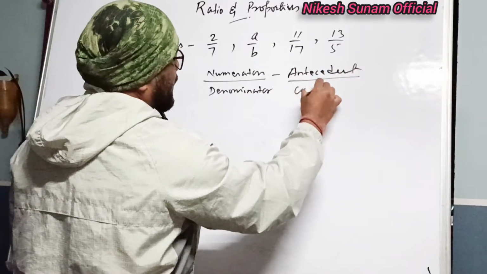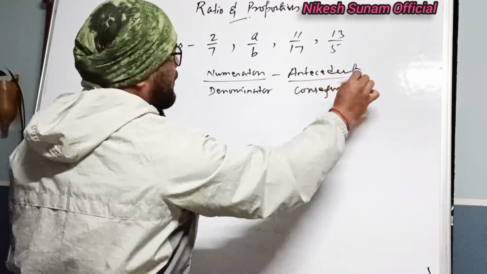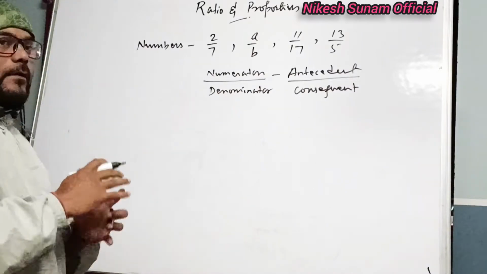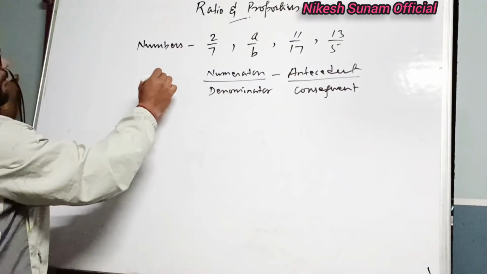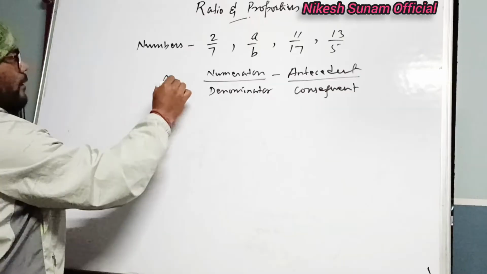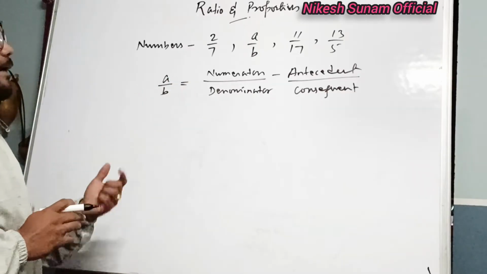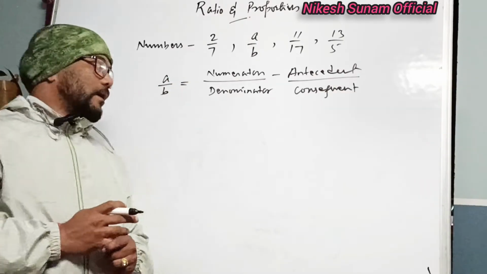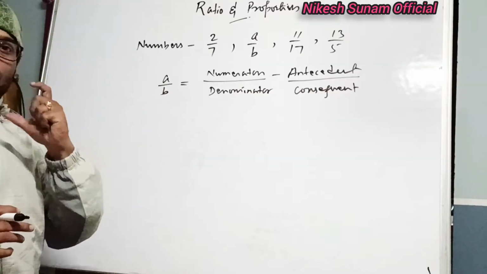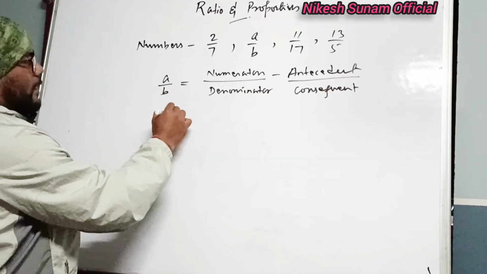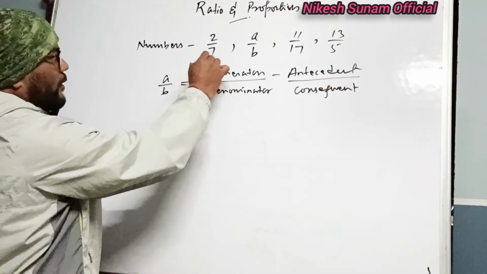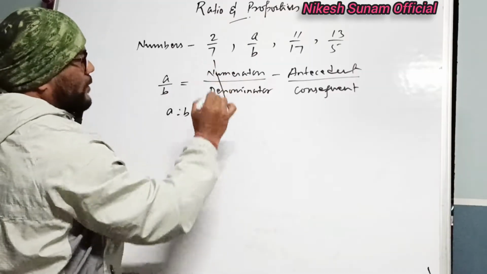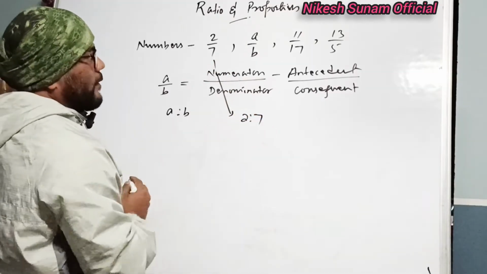and consequent. Okay. So what I mean to say is that if a number is written in the form a upon b, where the numerator and denominator are both given, such a number can be expressed as a is to b. Here we can write 2 upon 7 as 2 is to 7.